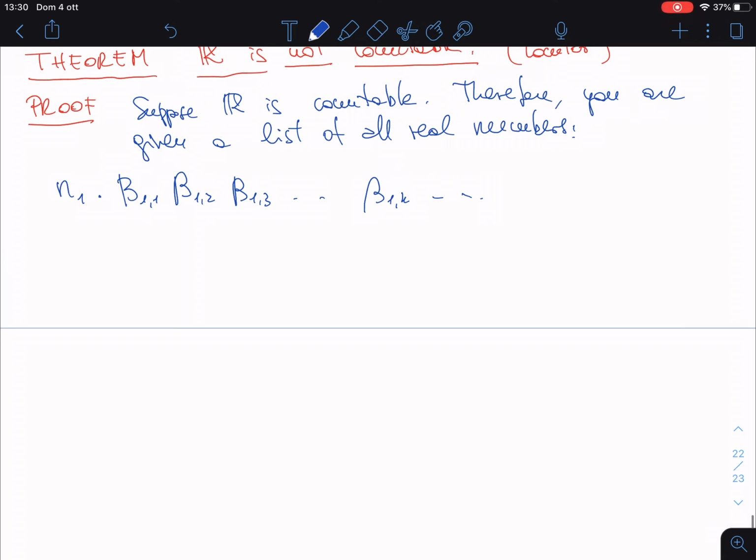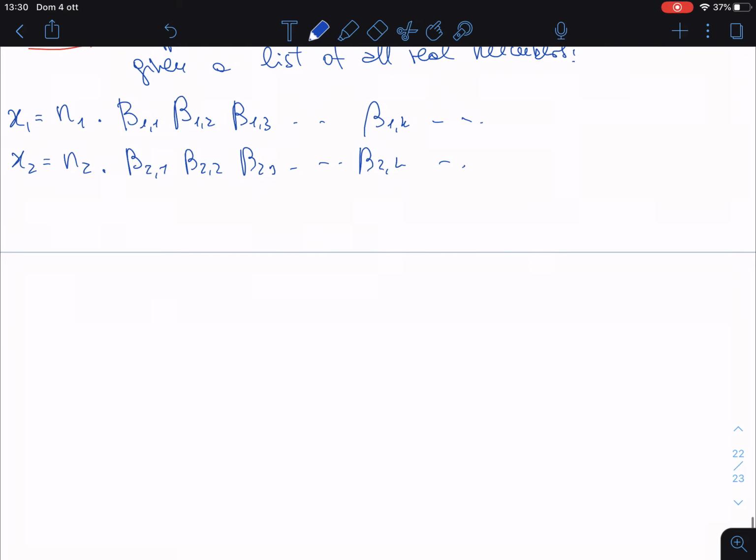This is the first, let me call it x1. The second real of the list is n2 dot, first digit of the second number, b22, b23, up to b2k, and so on and so on. And then you go to the nth number, which is n dot bn1, bn2, and so on and so on, bnk.